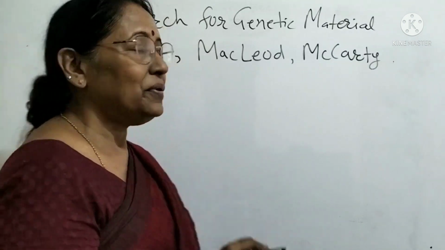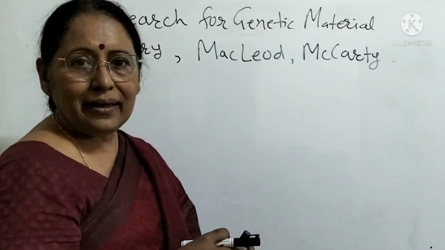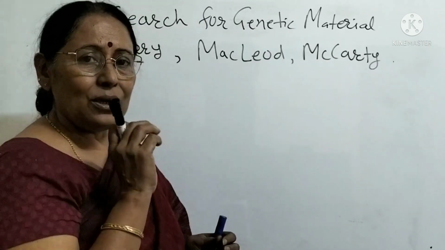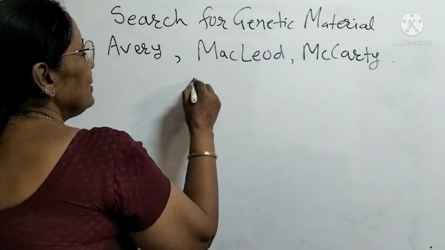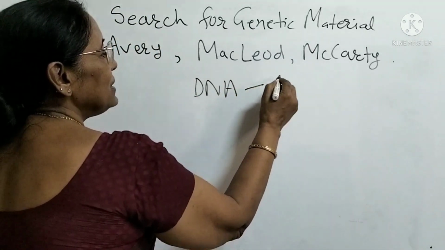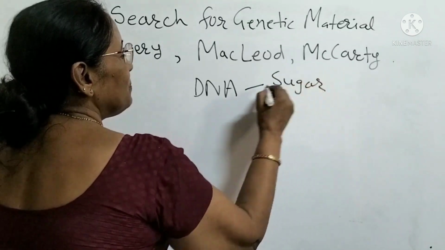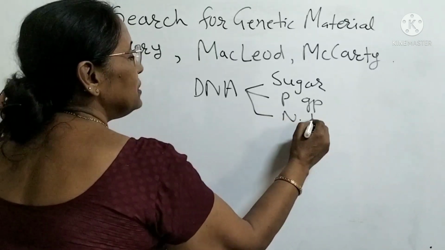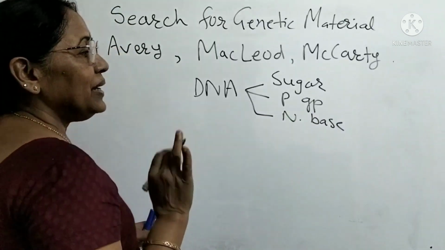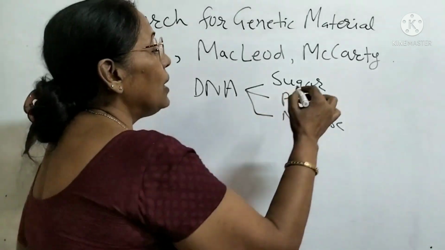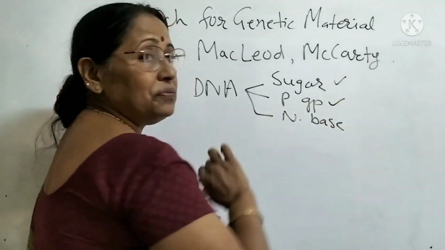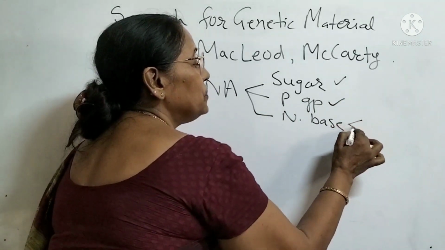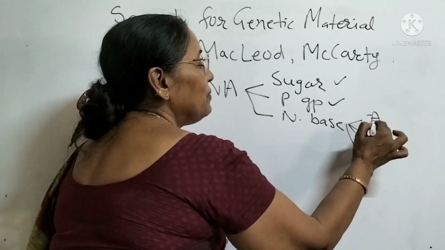Even after this wonderful experiment by Avery, McLeod and MacCarty, DNA was still not recognized as the genetic material. There was a logic behind it. DNA is made up of 3 types of molecules: a pentose sugar, a phosphate group, and a nitrogen base. There is no variation in sugar and phosphate group. All sugars of DNA are the same, all phosphate groups are the same. There is variation in only the nitrogen base, and that too, only 4 types.